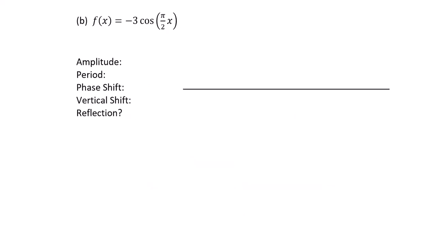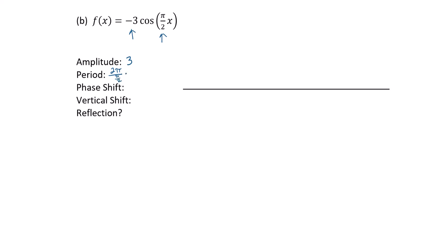F of x equals -3 times the cosine of pi over 2x. My amplitude is the absolute value of -3, so +3. The period is 2 pi over b, which is pi over 2.